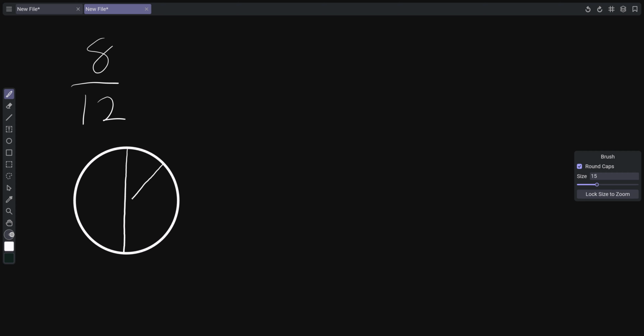So I'll actually start with 6, and then I'll draw 3 more lines here. 2, 3, and now I should have 12 slices. So I'm going to strike out 4 of these to account for the 4 missing slices in our fraction.